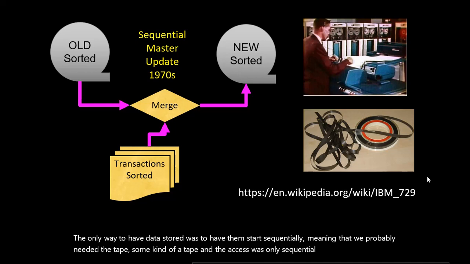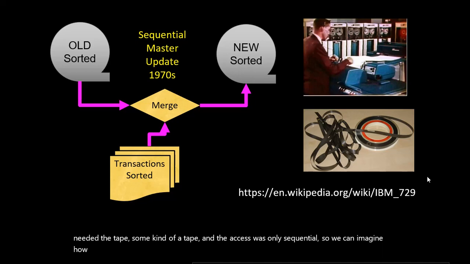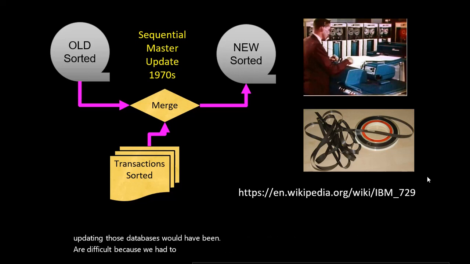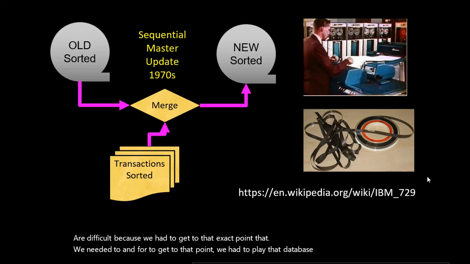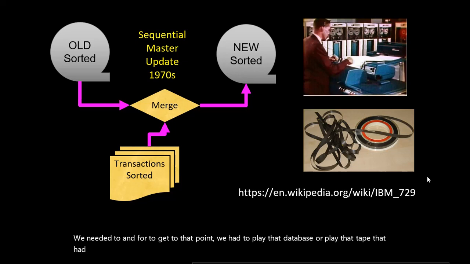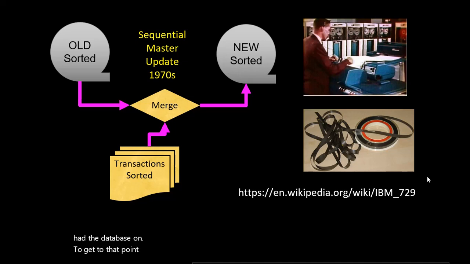We can imagine how difficult updating those databases would have been, because we had to get to the exact point we needed, and to get there we had to play the tape that had the database on it, and we had to write new data or update the data from that point onwards.